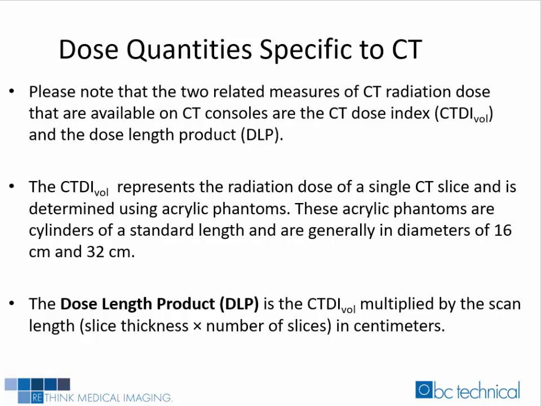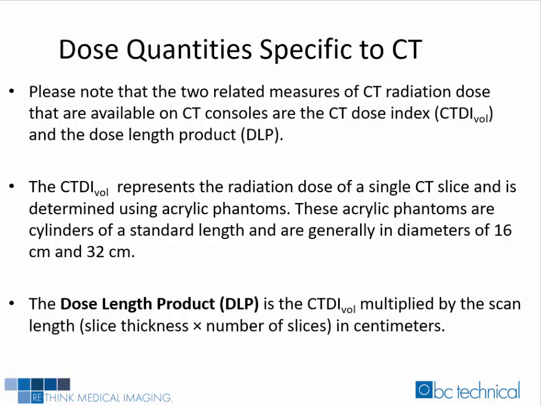Please note that the two related measures of CT radiation dose that are available on CT consoles are the CT dose index volume and the dose length product. The CTDI volume represents the radiation dose of a single CT slice and is determined using acrylic phantoms.